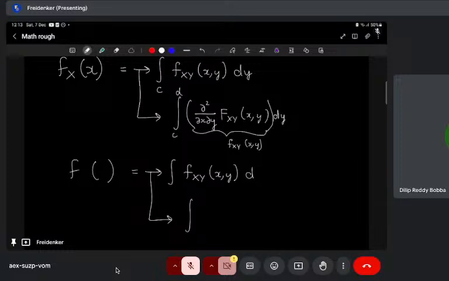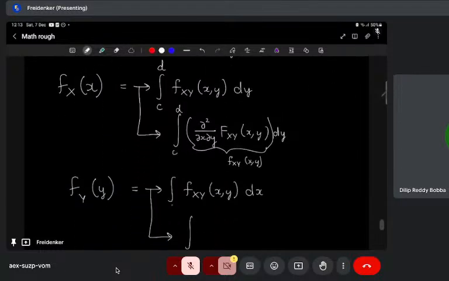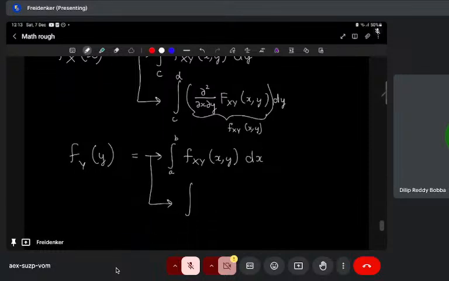Now I said same story with y, no? So if you want to find the marginal PDF of y, then you will integrate with respect to x, and x is ranging from a to b. That is when PDF is given. What if PDF is not given? What if CDF is given? If CDF is given, then find the PDF.